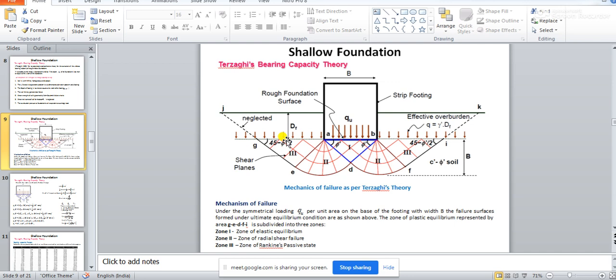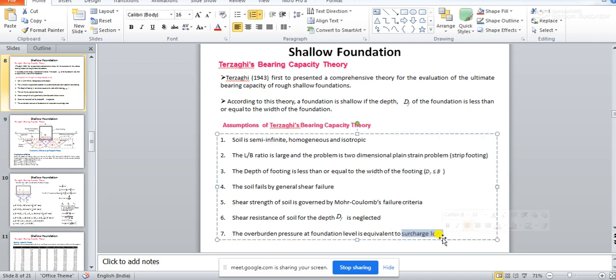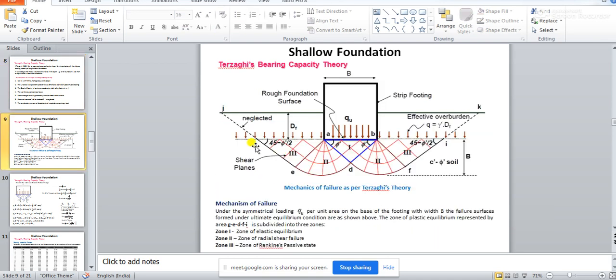And after that, you see, the surcharge weight, that just a few minutes back you have asked a question also, what is surcharge load. You see, surcharge load is nothing but a load that will be coming and acting at this level on the soil, along with this foundation load.